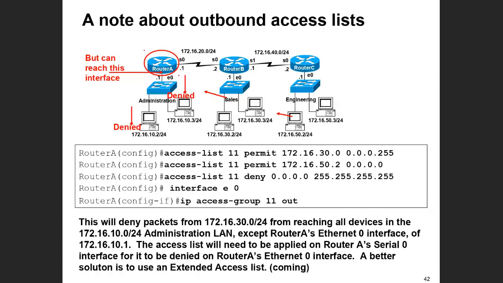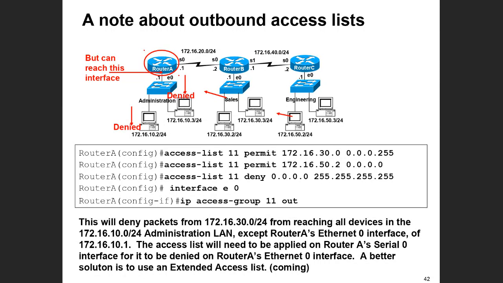Okay, let's talk about outbound access control lists. The traffic that's going to be denied is going to reach router A, and it's going to go through the routing table lookup process, and then it's going to be denied. So it's going to be applied to router A. It could be applied to router A's serial port for it to be denied.